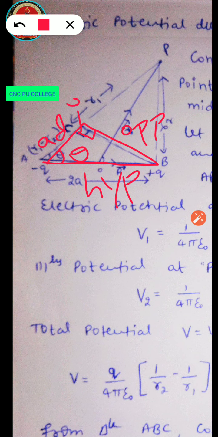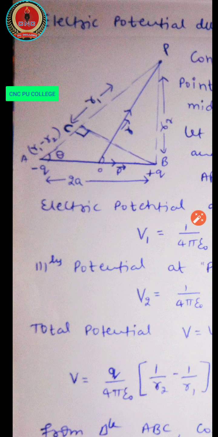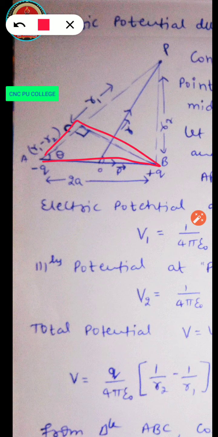Now we want r1 minus r2, that means we want the adjacent side. So in the triangle ABC, we want the r1 minus r2 value. So we can use cos theta here because we want r1 minus r2, which is the adjacent side.